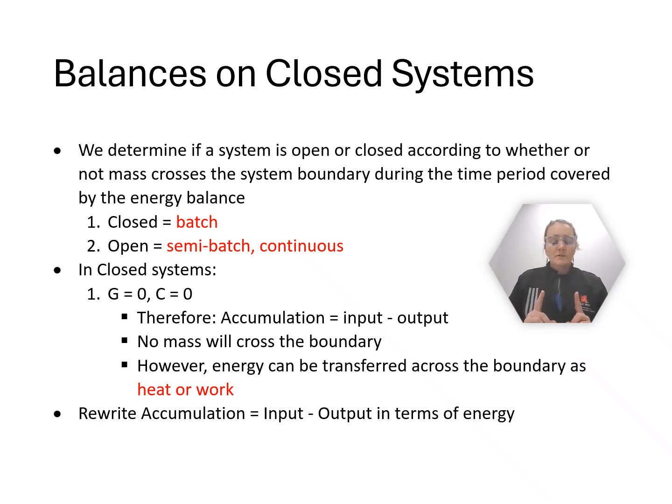So closed systems are defined as the fact that no mass transfers, but energy is allowed to transfer across the boundaries. And it transfers via heat and via work. Those are the only two terms in a closed system boundary that cross the boundary. Okay, so what we're going to do in this lecture is we're going to rewrite our accumulation equals input minus output. And instead of using all the variables we've learned so far, we're going to start to use our energy terms instead and come up with our energy balance equation to use.